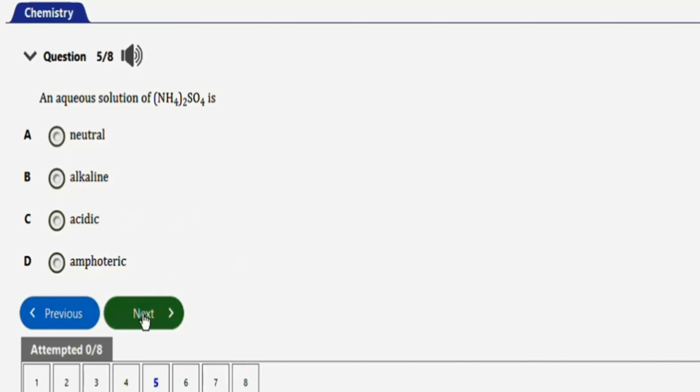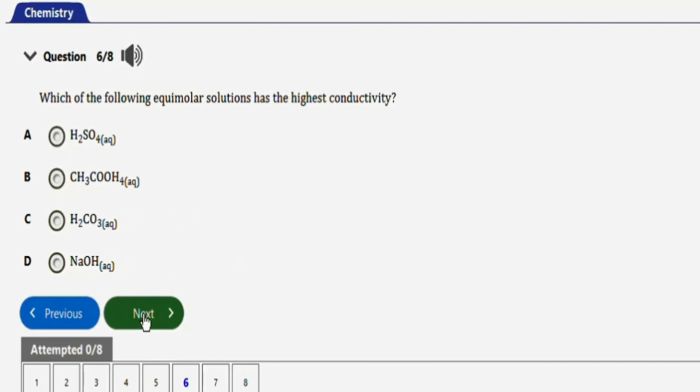The next question will be this one. It says which of the following equimolar solutions has the highest conductivity? So we have tetraoxosulfate 6 acid, or sulfuric acid. We have trioxocarbonate 4 acid, that's option C. Option D, we have sodium hydroxide.